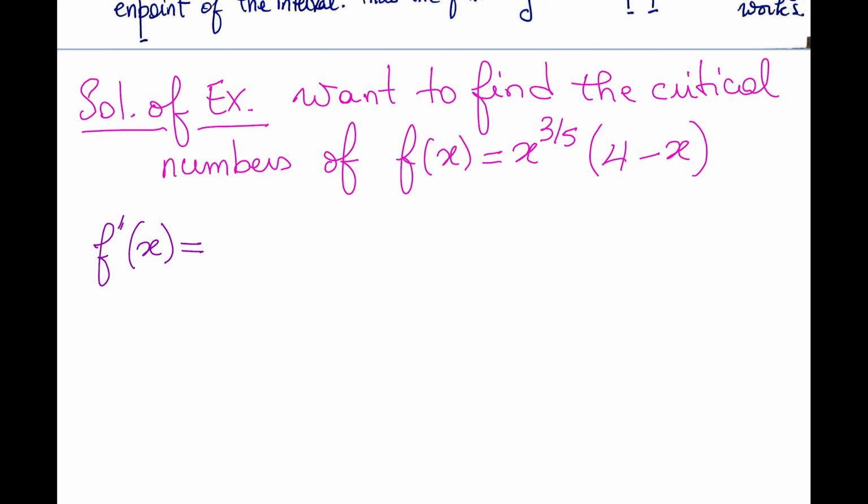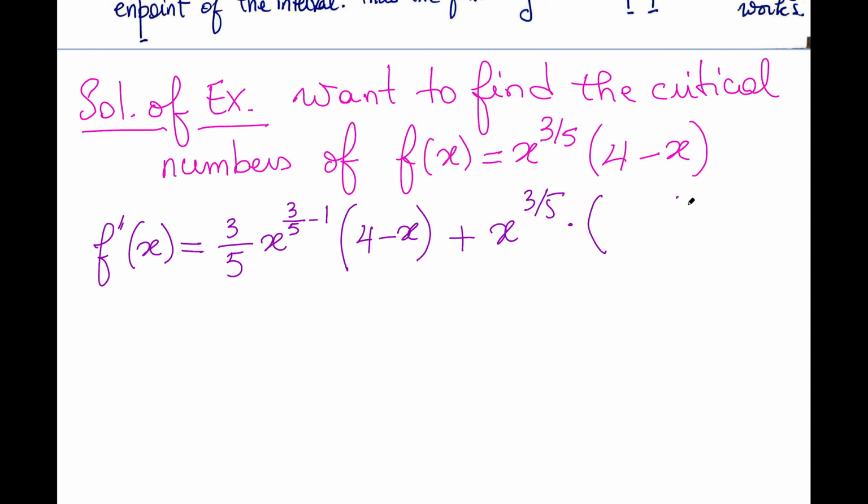So product rule, I need to differentiate one at a time and freeze the other. So 3 over 5 x to power 3 over 5 minus 1 times 4 minus x plus x to power 3 over 5 times the derivative with respect to x of this guy. And the derivative with respect to x of this guy is -1. Okay.